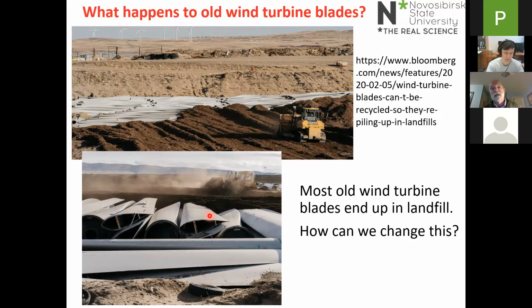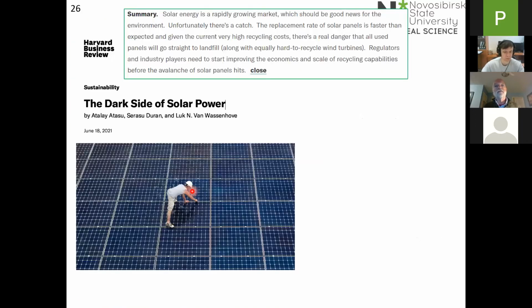So hopefully sometime in the not too distant future, this problem will not be as severe as it looks in this photograph here. If we move on to photovoltaics, there is also a problem here.